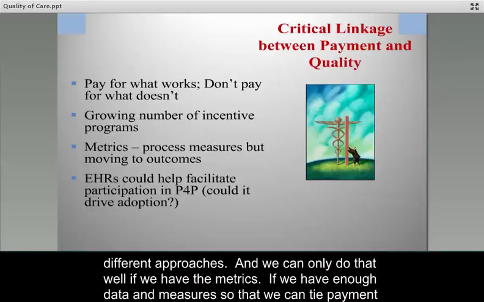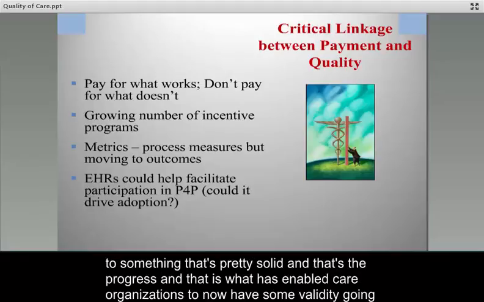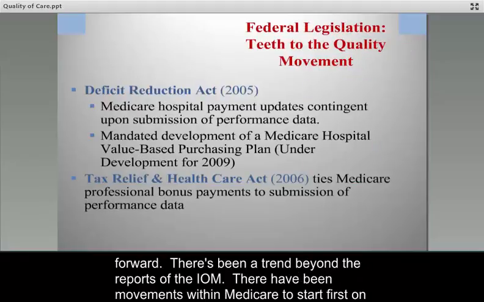And we, again, can only do that well if we have the metrics, if we have enough data and measures, so that we can tie payment to something that's pretty solid. And that's the progress, and that is what has enabled accountable care organizations to now have some validity going forward.